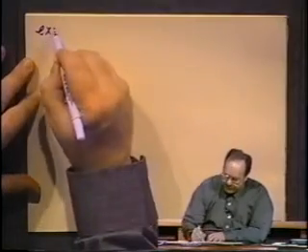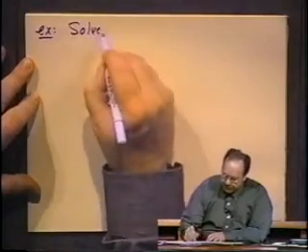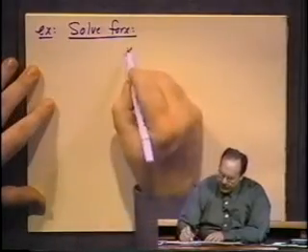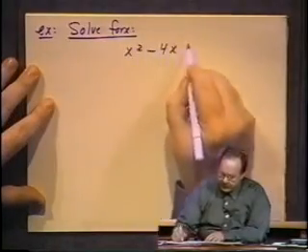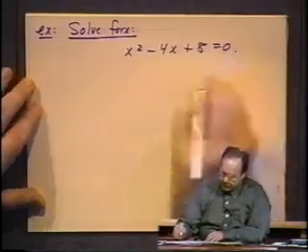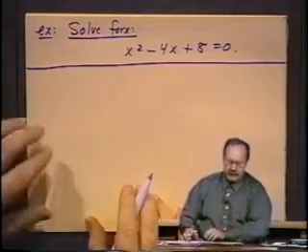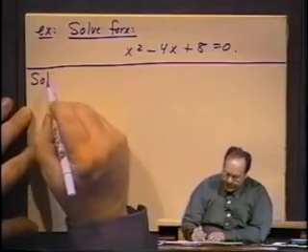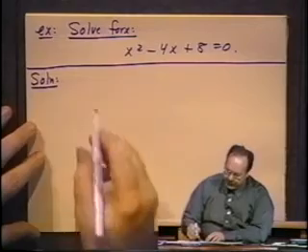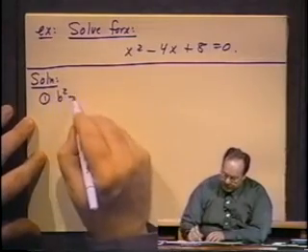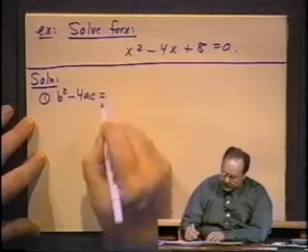Here we go. Example. Solve for x. x squared minus 4x plus 8 equals 0. And this one we will not pause for. I'll just go ahead and work this out because there's a point I want to make here. Solution. Again, I'm going to use my handy advice and look at the discriminant first, b squared minus 4ac.